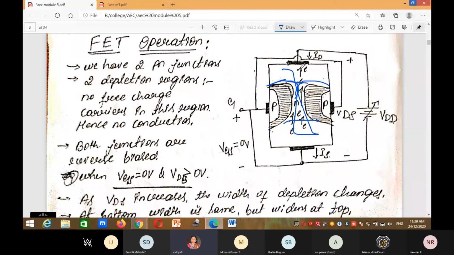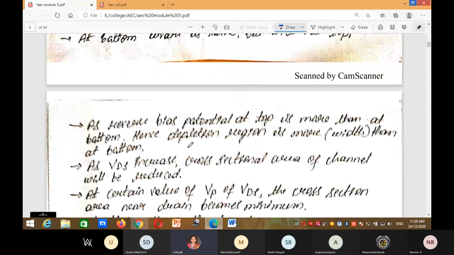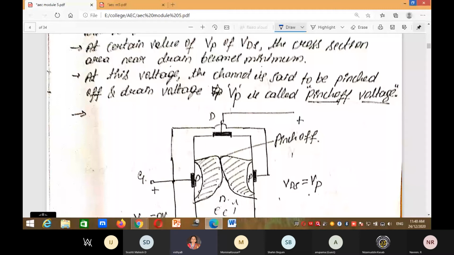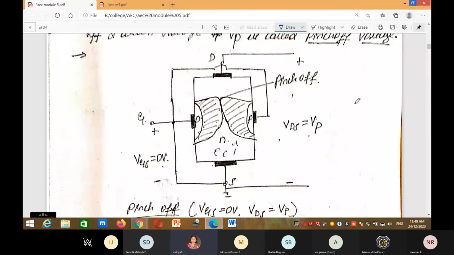This is the channel, and this is the area of the channel. The depletion regions will join, so the area becomes reduced. So at a certain value of VDS, the cross-sectional area near the drain becomes minimum. At this voltage, the channel is said to be pinched off, and the drain voltage VP is called the pinch off voltage.